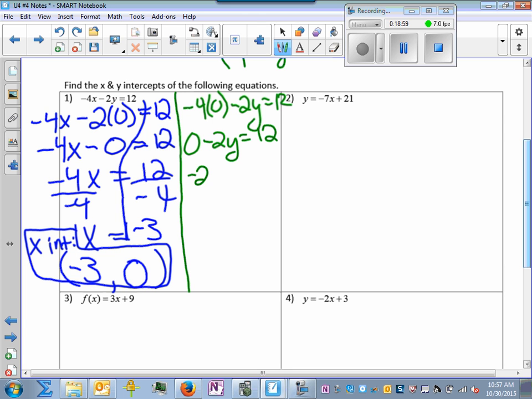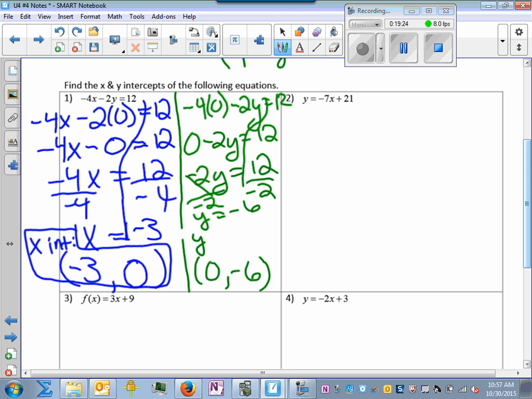Negative 2y. The 0 just goes away. Now what? My 2's go away and I get y equals what? And what does that look like as an ordered pair? 0 and negative 6. Good. Y equals negative 6. So that becomes 0 comma negative 6 as my y-intercept.